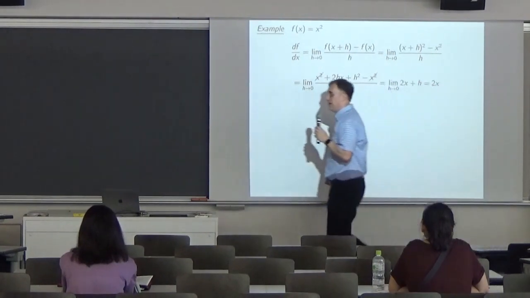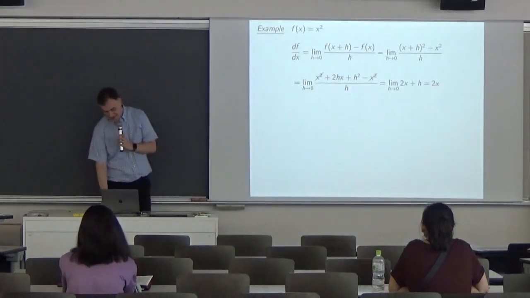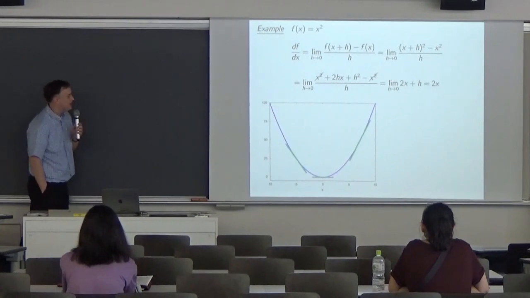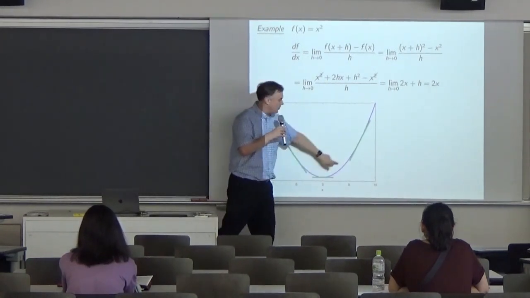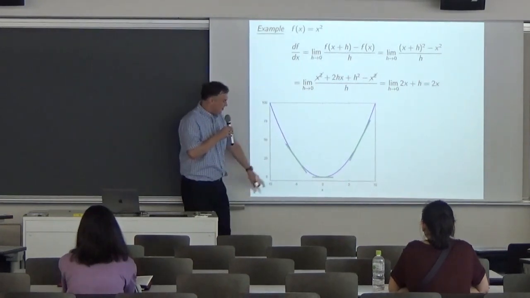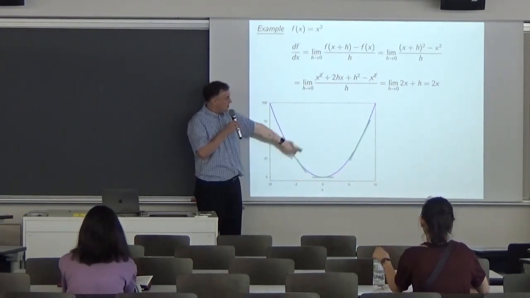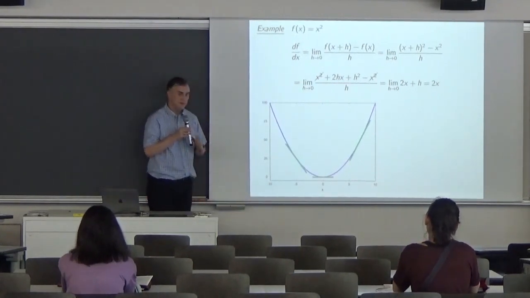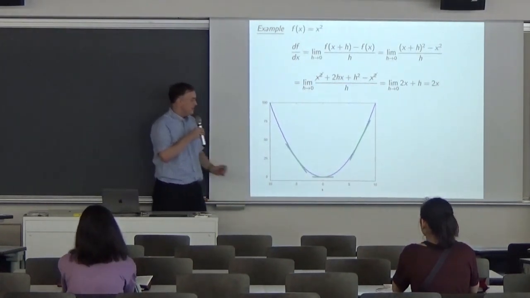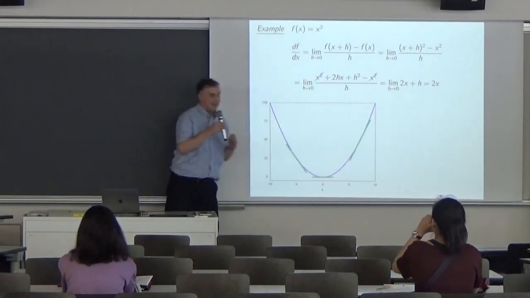Just to verify that, here's a picture that I quickly sketched out showing the curve y equals x squared. For some values of x, I calculated the slope based on the 2x, and I've just drawn them quickly, indicating that it does seem to give us the tangent line at the appropriate point.